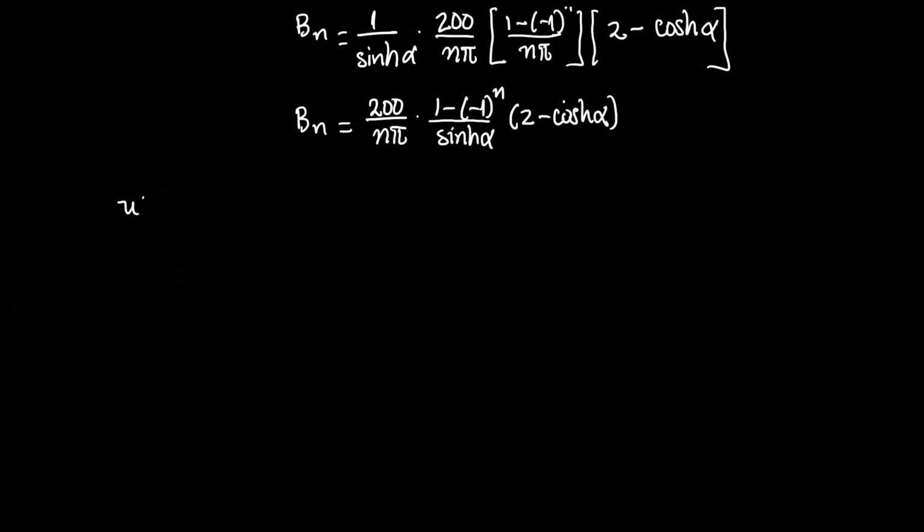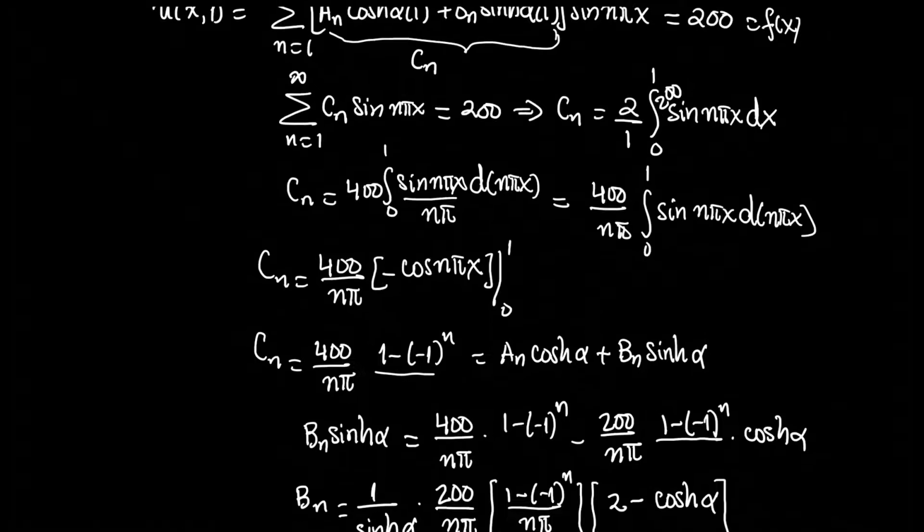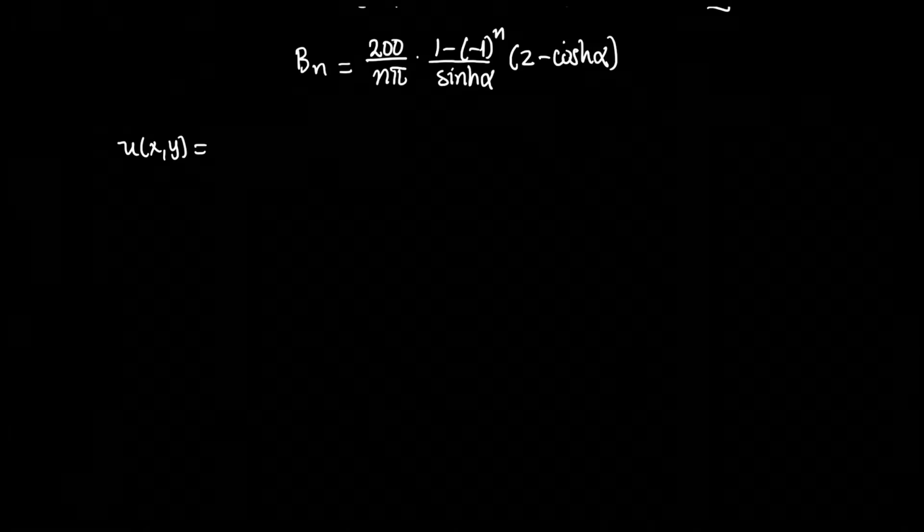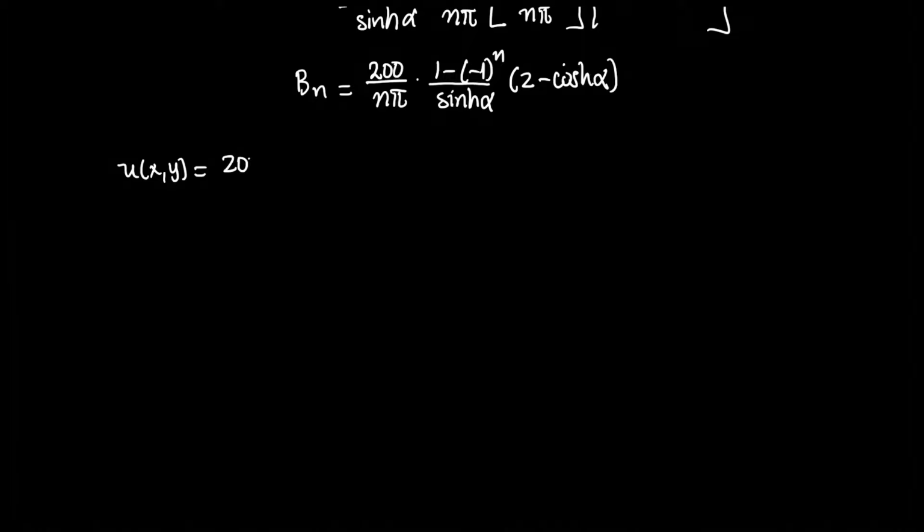Then you just need to substitute them to write the equation. We get u(x, y) equal to a_n. If you look at a_n, you have 200 over n pi, 200 over n pi. So you can take out 200 over pi, summation n=1 to infinity.